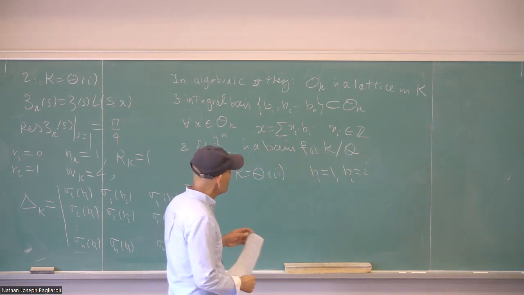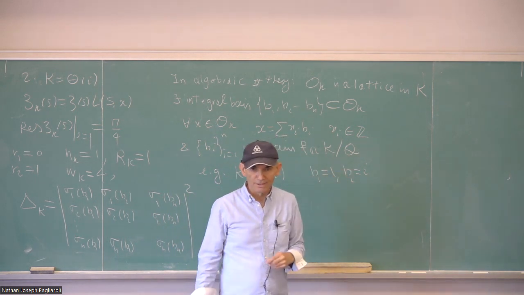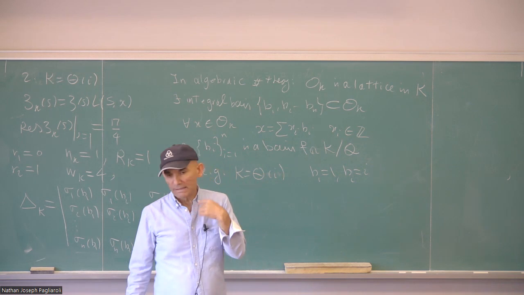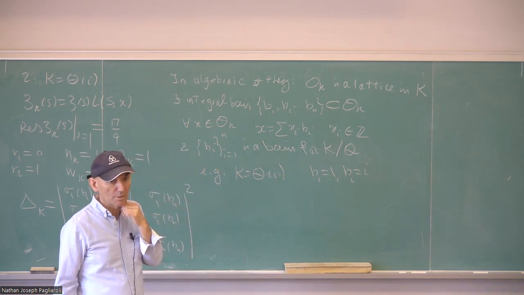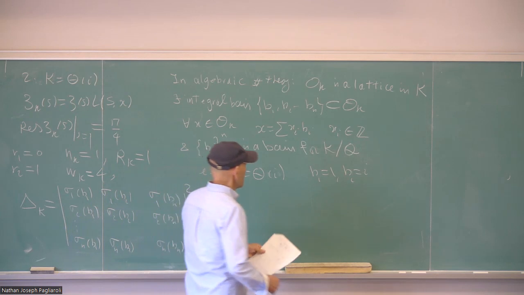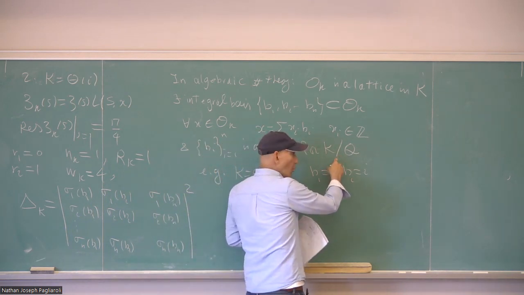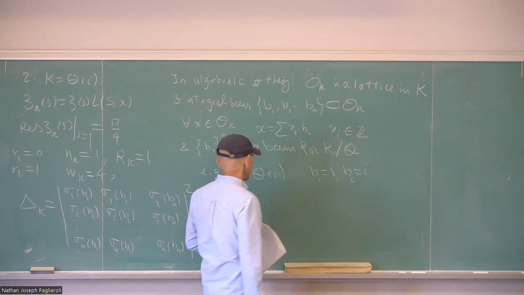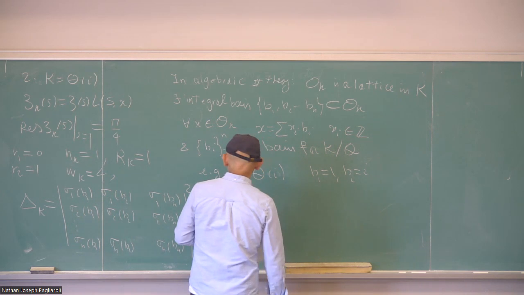No, that's my notation for K over Q. It's not a quotient. It is true that Q is a subfield of K, but I'm not quotienting. I said it when I was writing, it's over Q. It's a kind of convention. But in this case, you see that this is true.